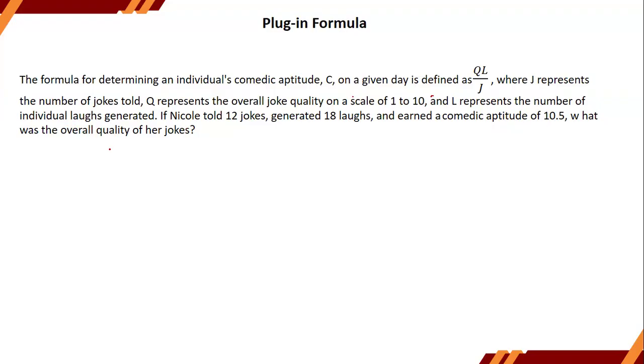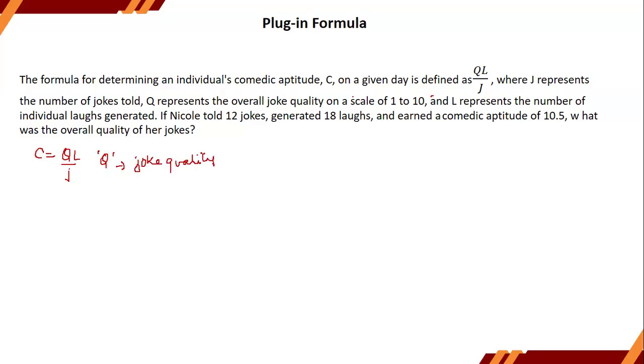of her jokes, right? So the first thing we can observe in this question is that we have a formula, and the formula is that comedic aptitude is defined as QL by J, right? And what is Q over here? Q is the quality of the joke, so joke quality.